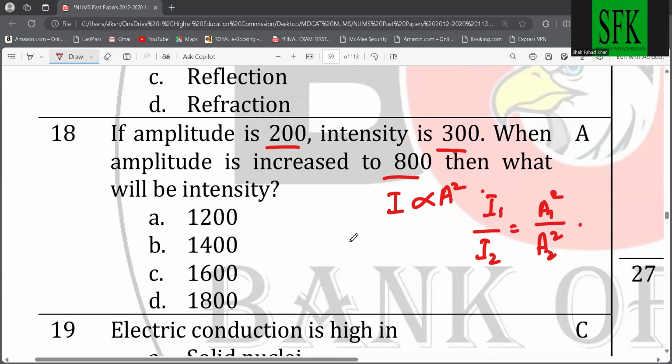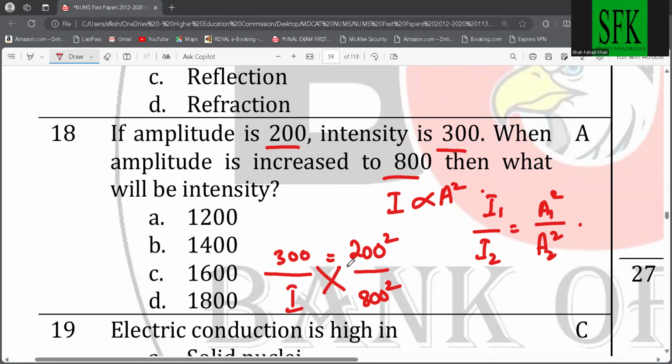Now just put in the values. The amplitude is 200 squared, the intensity is 300. Then the amplitude is increased to 800 squared. What will the intensity be?